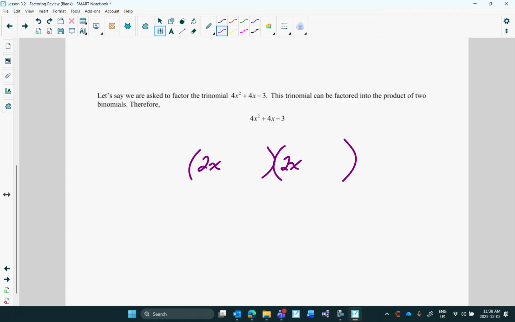Okay, so this works. The two numbers here, they must multiply to get -3, which means one is positive, one's negative. -3 plus 1.